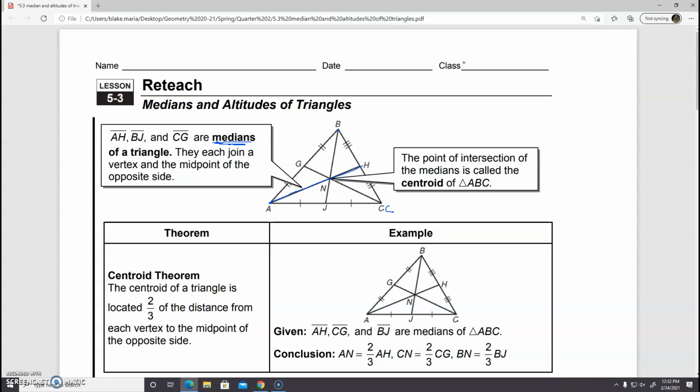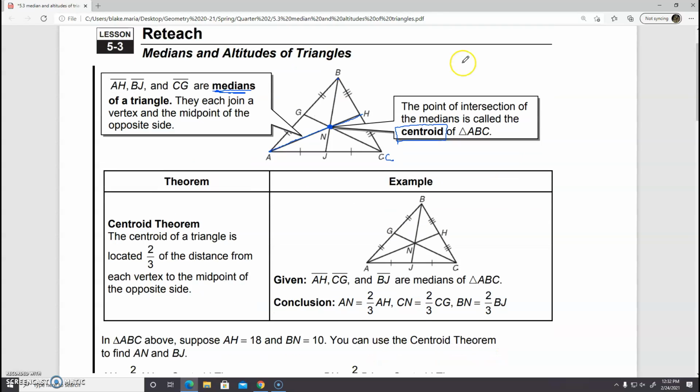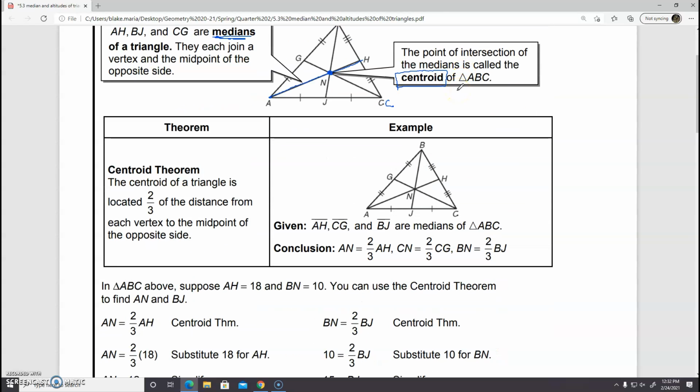The medians are all concurrent again, so that point of concurrency is called the centroid. The point of concurrency of all of my medians is the centroid. And what's special about a centroid? I always say it breaks your median into a 2/3, 1/3 chunk.